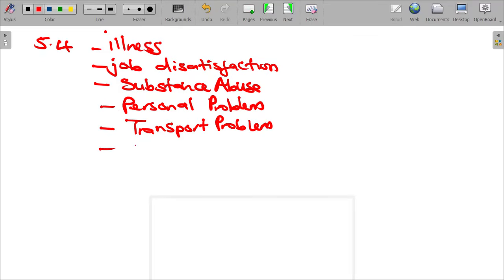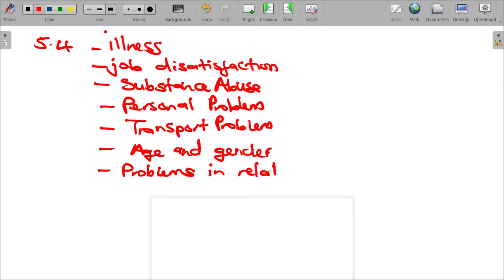It might be due to age and gender. Age and gender might cause someone to not report to work. And lastly, it might be due to problems in relationships at work.